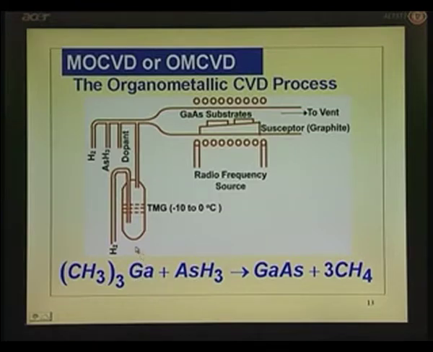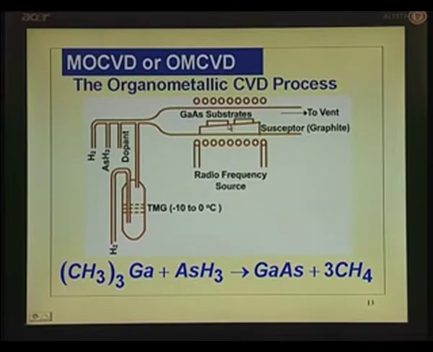Hydrogen is bubbled through that; the bubbler is shown here, maintained at some temperature, usually 0 degrees, easy to maintain, put ice and maintain, and then that is passed through. This trimethyl gallium, and in another tube you have arsine coming up, and over here you maintain the substrate temperature at about 650 degrees centigrade.